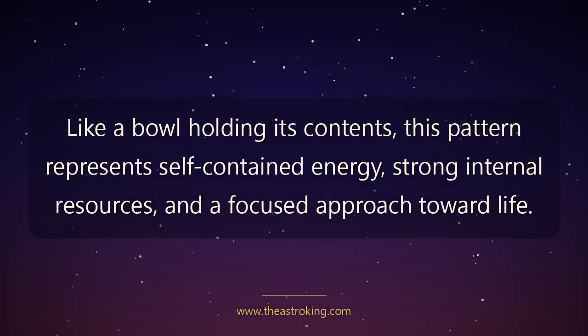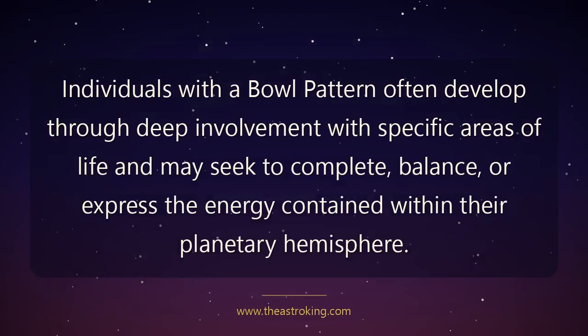Like a bowl holding its contents, this pattern represents self-contained energy, strong internal resources, and a focused approach toward life. Individuals with a bowl pattern often develop through deep involvement with specific areas of life, and may seek to complete, balance, or express the energy contained within their planetary hemisphere.